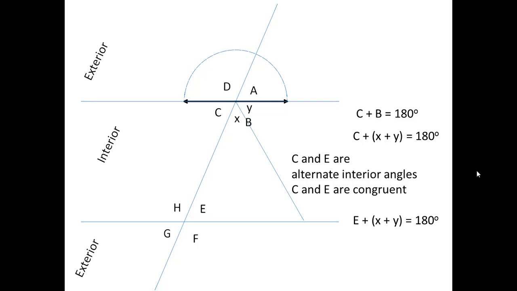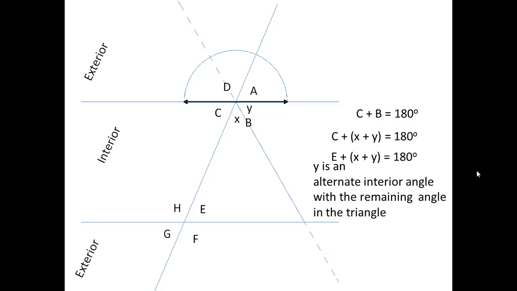Next, we note that C and E are alternate interior angles, and thus C and E are congruent. So in the sum, we can also replace C with E, and we get the total E plus X plus Y equals 180 degrees. And here is the clever completion of our proof. It involves recognizing that the other side of the triangle that we just defined is also a transect cutting two parallel lines.